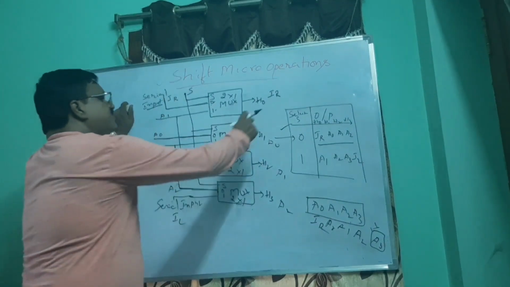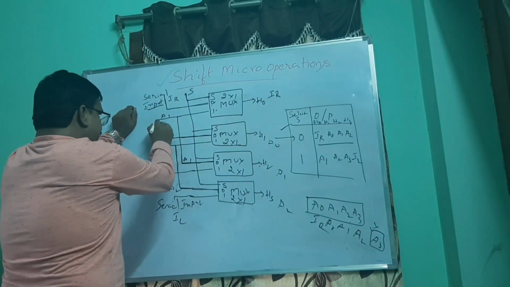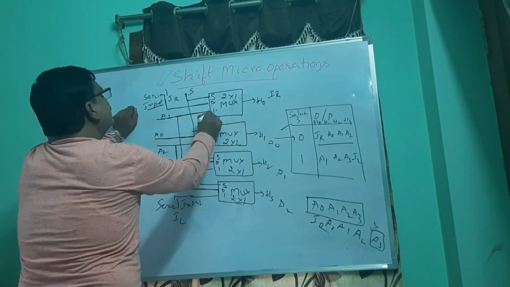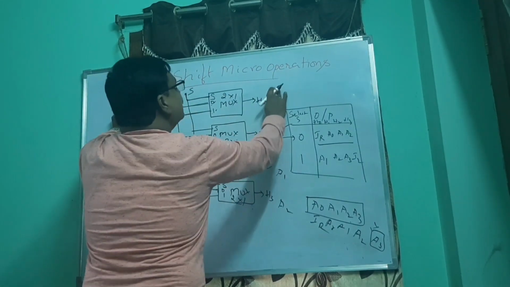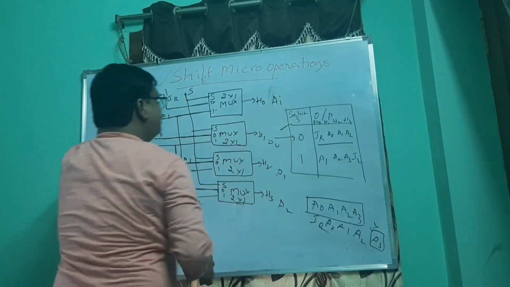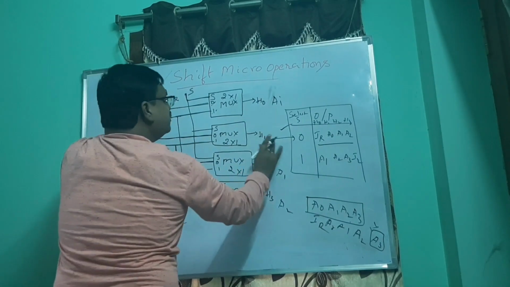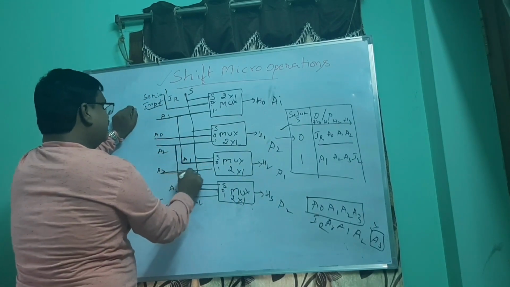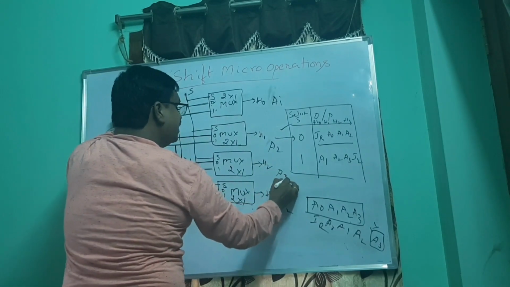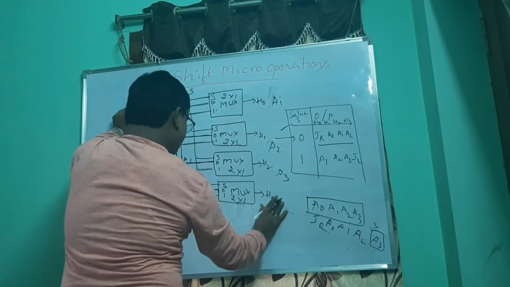Otherwise, if the select line S value is 1, what will happen here? You just check it out. This is A1, and here this is A2, and here this is A3, and here IN.